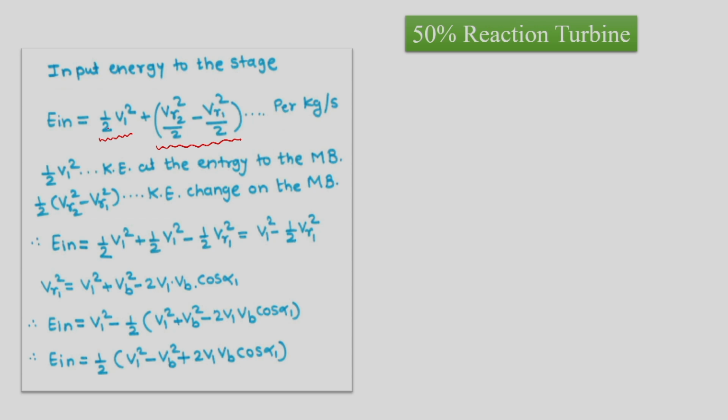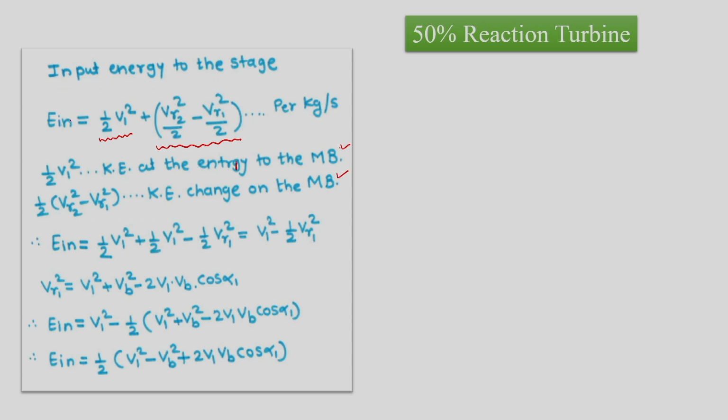So we have this 1/2 V1 square plus VR2 square by 2 minus VR1 square by 2. Actually here we are assuming that the entry kinetic energy to the nozzle is negligible in comparison with the exit kinetic energy. So 1/2 V1 square is the kinetic energy at entry to the moving blades, and then we have 1/2 VR2 square minus 1/2 VR1 square, the change in kinetic energy on the moving blades.